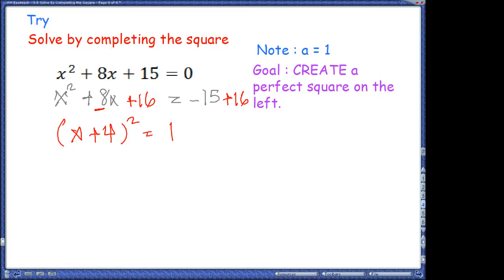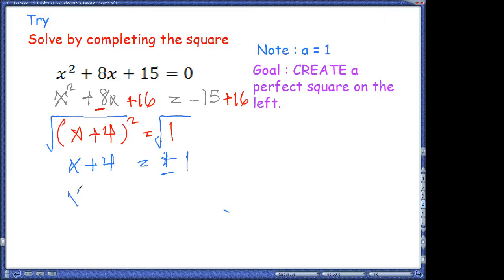Now, the next step is to find the square root of both sides of the equation. And the square root on the left becomes x plus 4. On the right, the square root of 1 is positive and negative 1. I apologize for the bad writing.